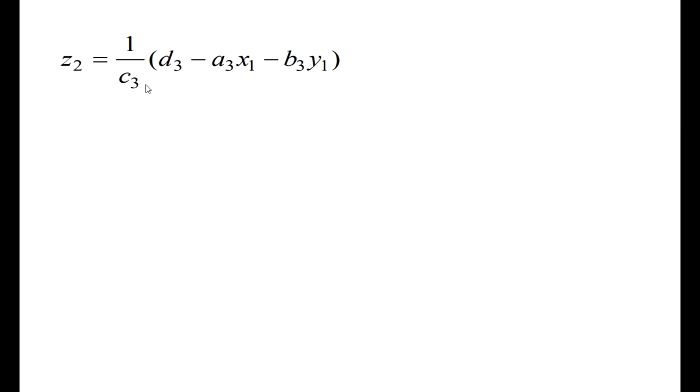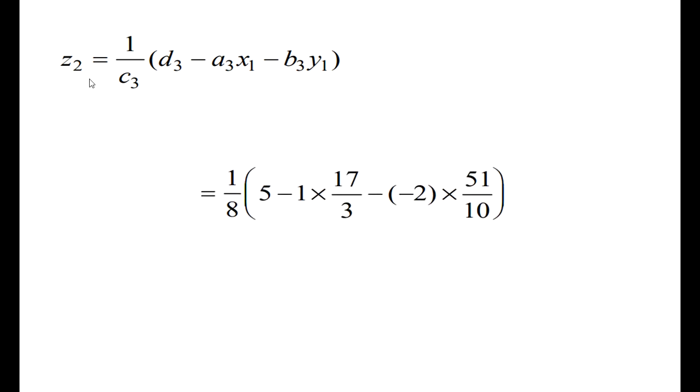For z2 of the second iteration, 1 upon c3 in bracket d3 minus a3 x1 minus b3 y1. Here put the respective values of x1 and y1, you will get 1 upon 8 in bracket 5 minus 1 into 17 by 3 minus 2 into 51 upon 10, which is equal to 1.192. Hence z2 is equal to 1.192.